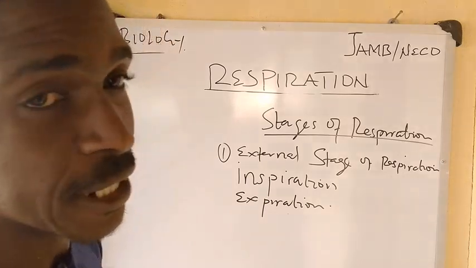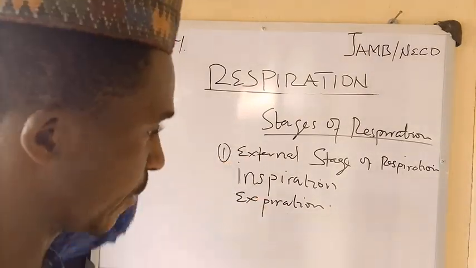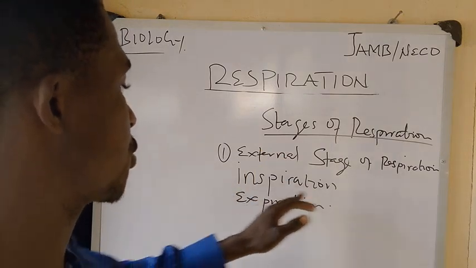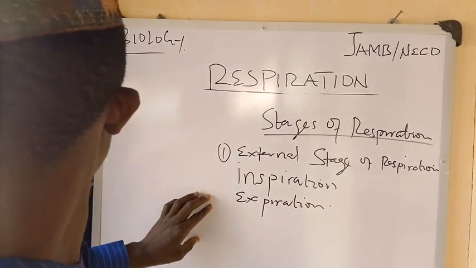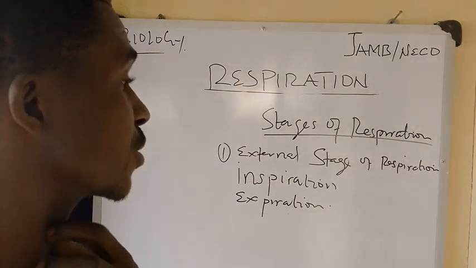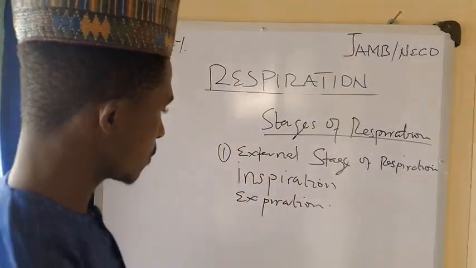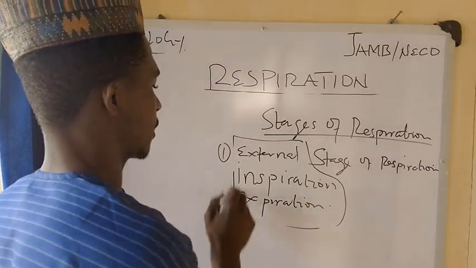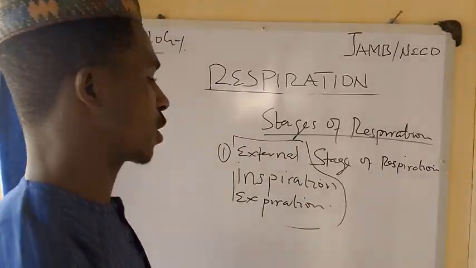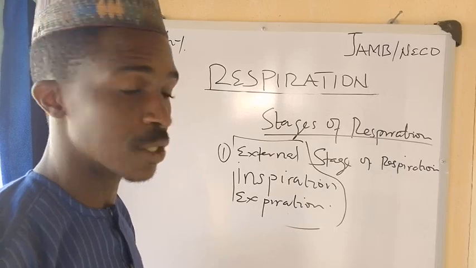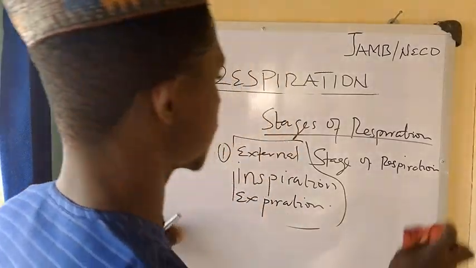So if you're writing JAMB, please note these names, or they can decide to ask you to explain inspiration or expiration or external respiration. These three terms are still the same. So once they say to explain expiration, they are equally referring to the external stage of respiration.